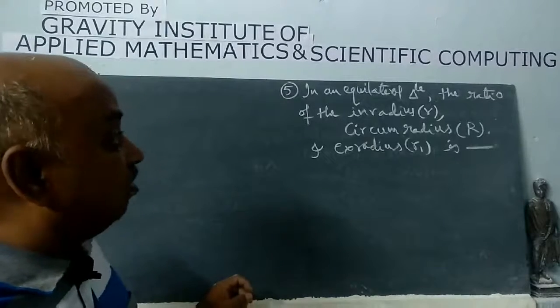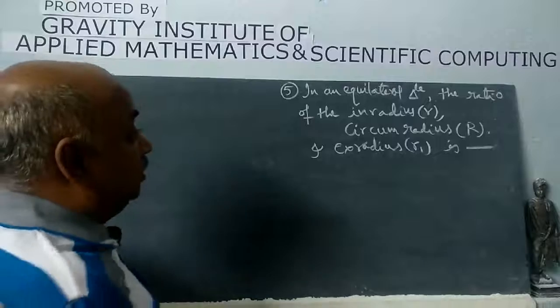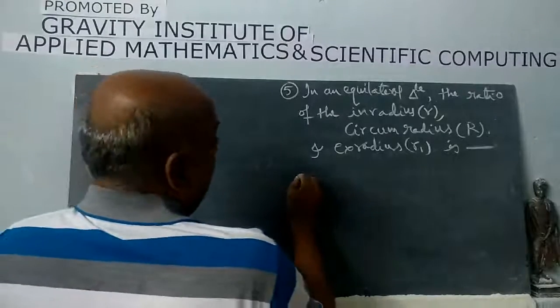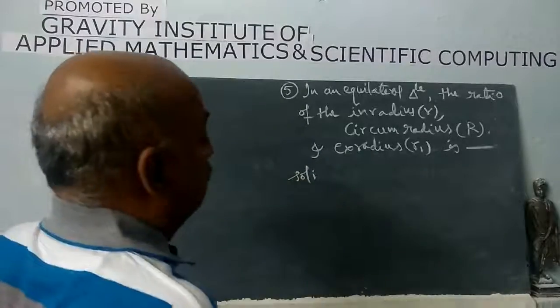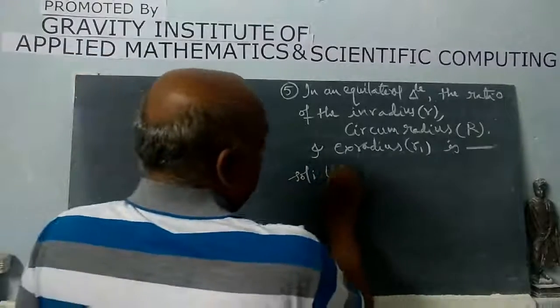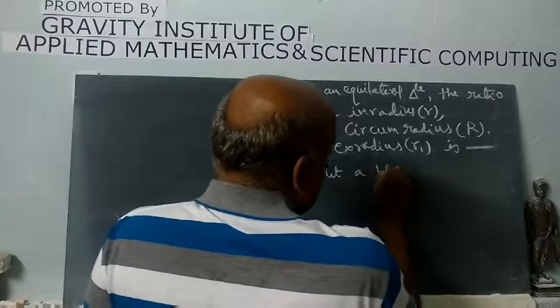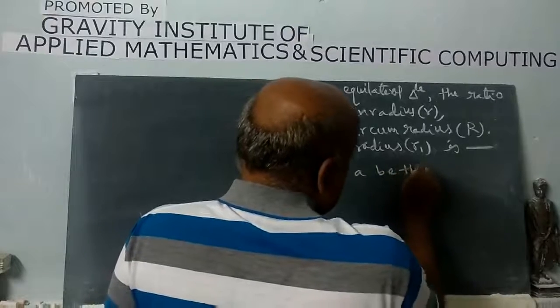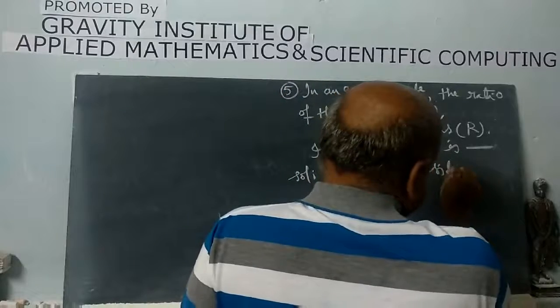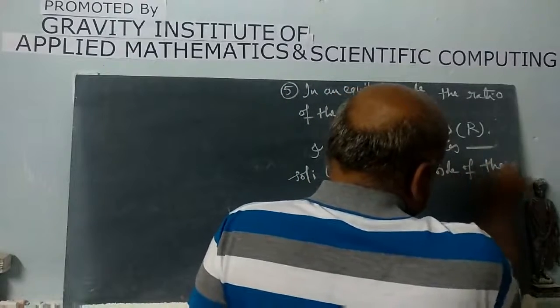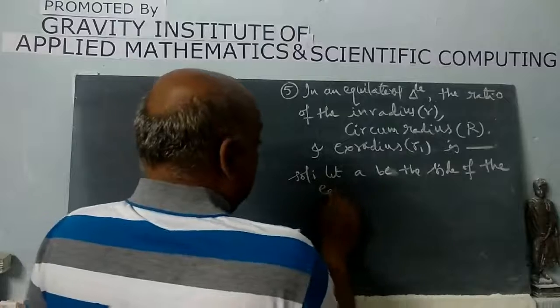If a is the side of the triangle, then the perimeter is 3a. So solution. Let a be the side of the equilateral triangle.